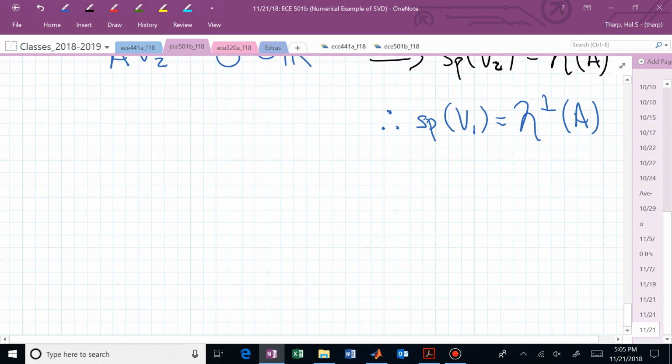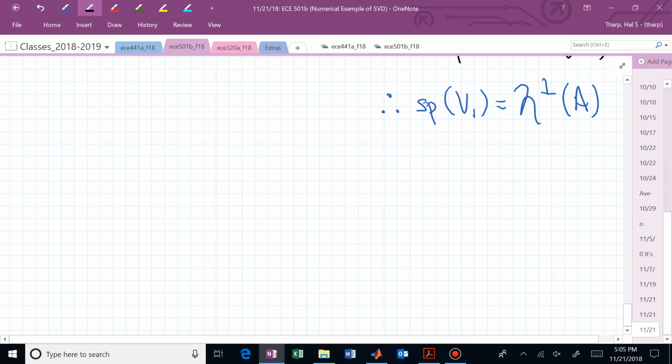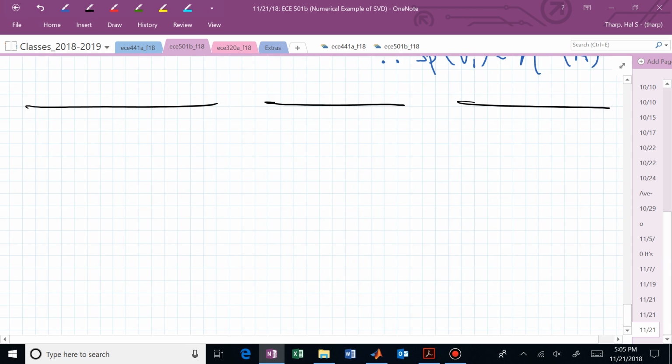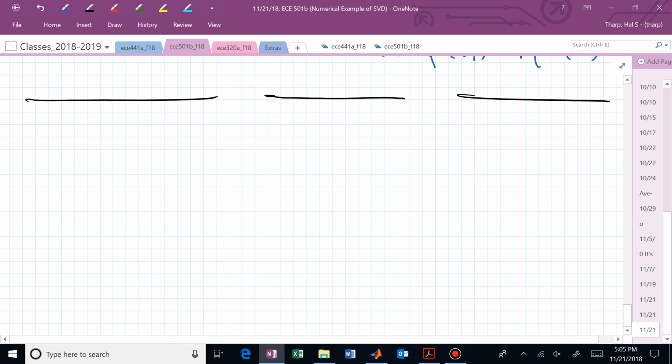And those are actually our four fundamental subspaces associated with any operator T.